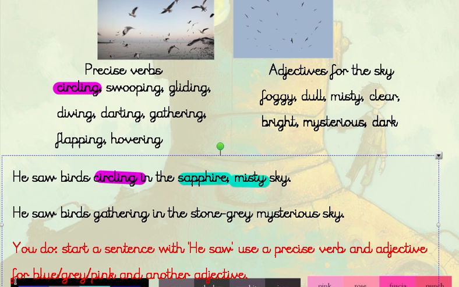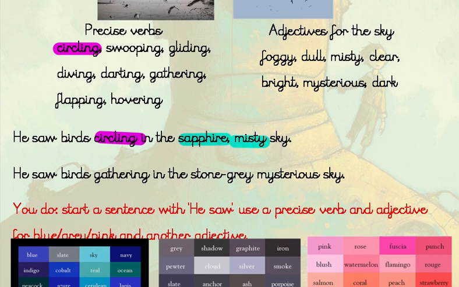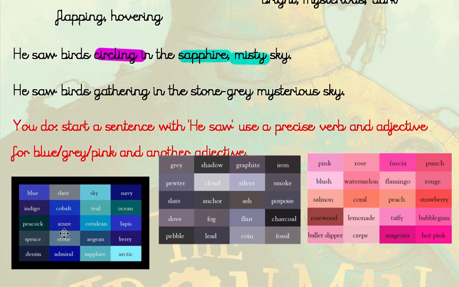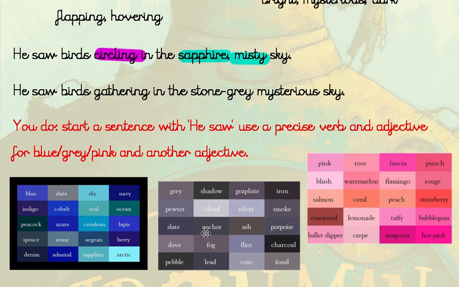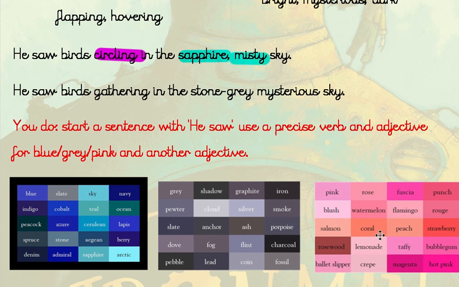I'd like you to have a go at that now. I'd like you to have a go at seeing how many sentences you can come up with using some of our precise verbs or some of your own, and adjectives and another adjective. So we've got a precise verb like circling or gathering, then an adjective for a colour, and then another adjective, and then our noun, sky.